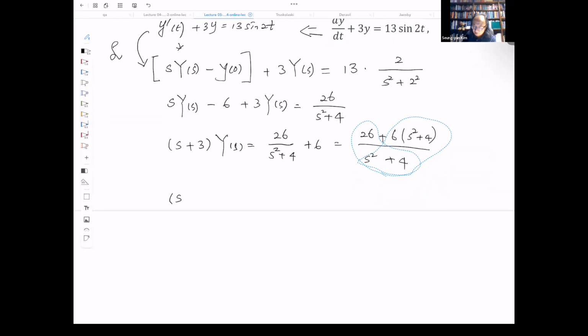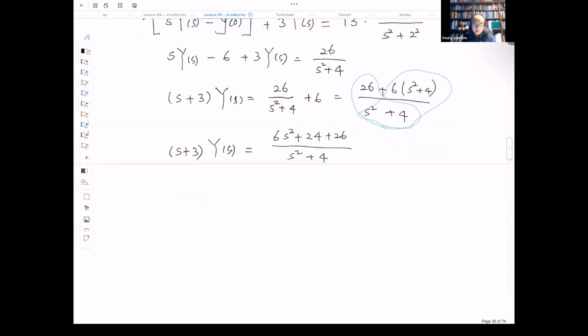Then s plus 3 times capital Y of s equals 6s squared plus 24 plus 26 over s squared plus 4. Now we can divide both sides by s plus 3. Then Y of s equals 6s squared plus 50 for the numerator, and the denominator s squared plus 4 times s plus 3.